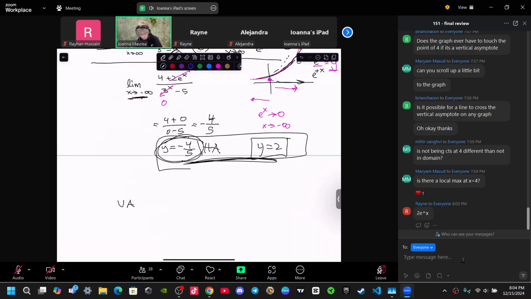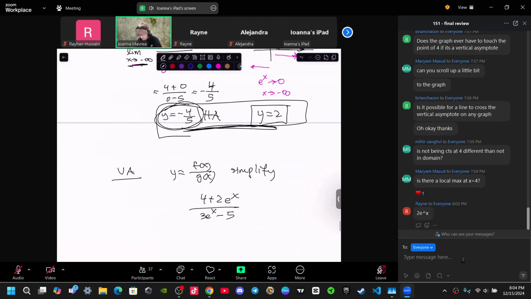Vertical asymptotes: you will take your function, that's going to be a fraction. You're going to simplify top and bottom as much as possible. And then when it's simplified, you can't simplify further. So what are you going to do? You're going to take the denominator and set it equal to 0 and find the x that makes the denominator 0.